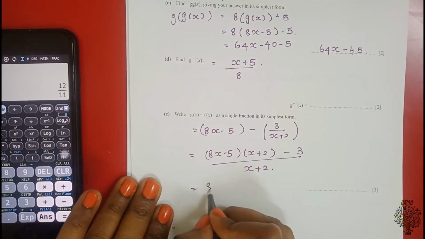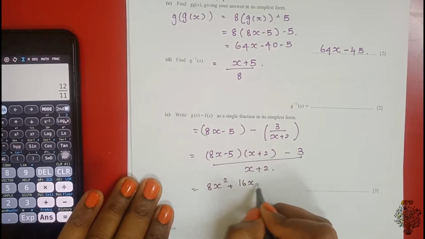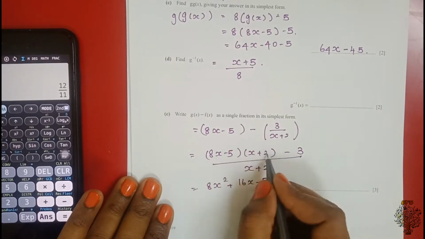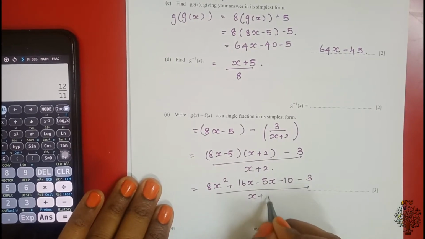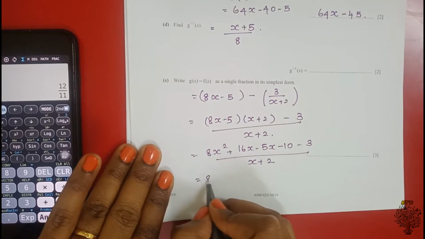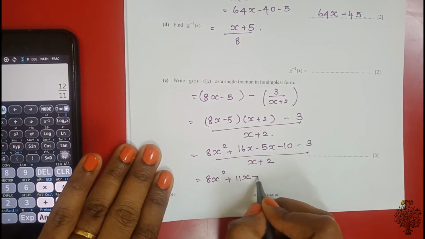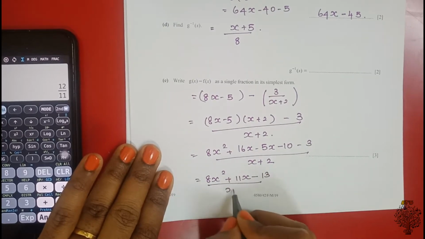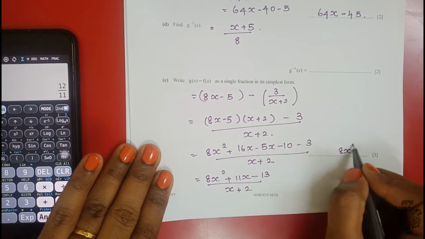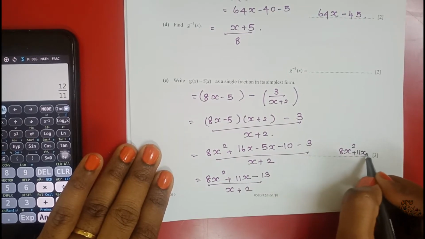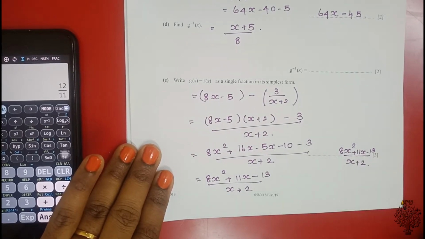Now 8x multiplied with x plus 16x minus 5x minus 10 minus 3, divided by x plus 2. I can write 8x square plus 11x minus 13 divided by x plus 2. So I have 8x square plus 11x minus 13 divided by x plus 2.